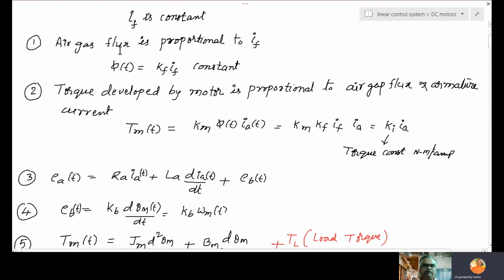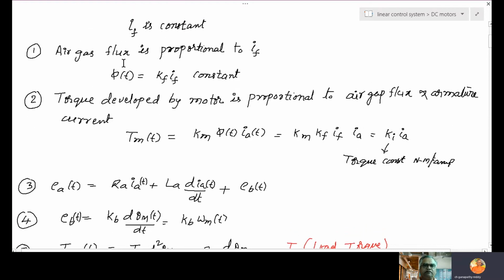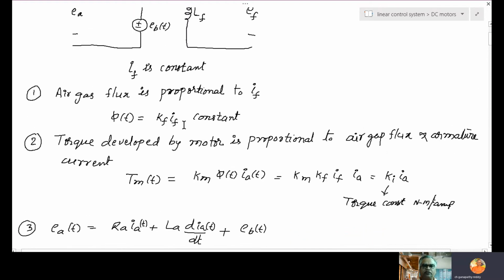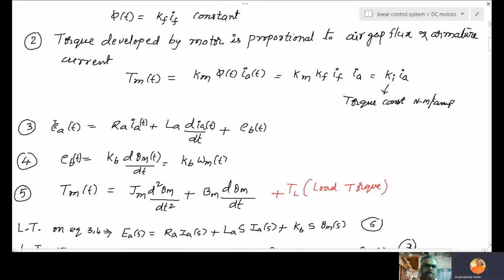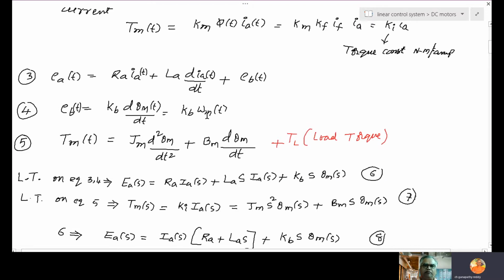So these are the basic equations, very, very important. One is the flux proportional to field current, torque proportional to flux and armature current, then the armature loop equation, back EMF depends on what, and whatever torque is developed has to drive an inertia of Jm, then the viscous friction coefficient Bm d theta m by dt.